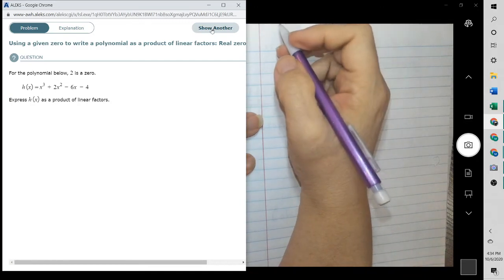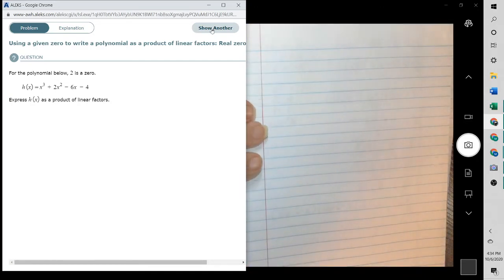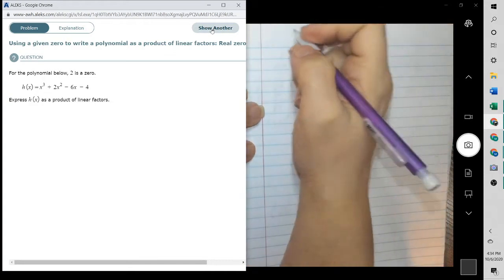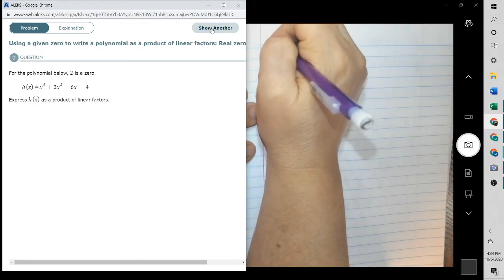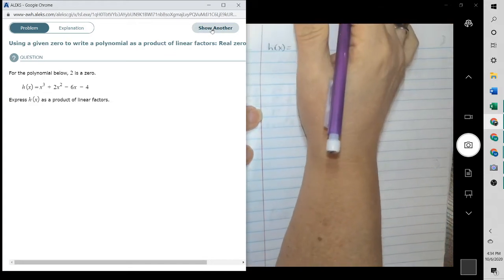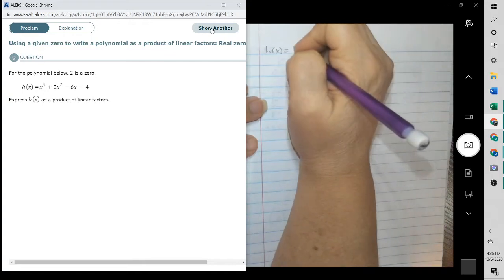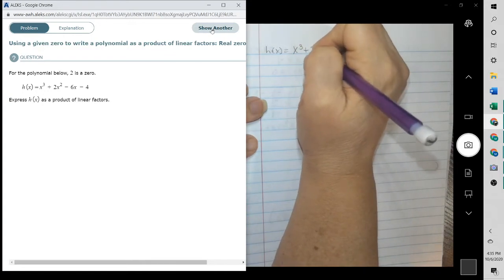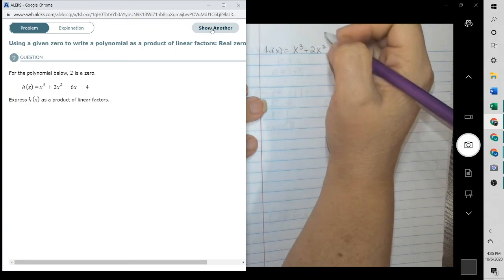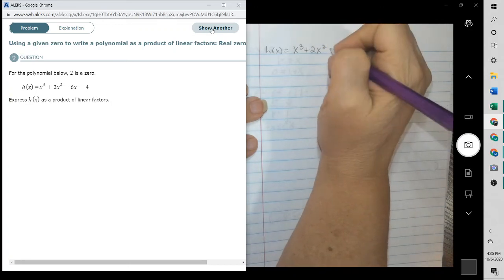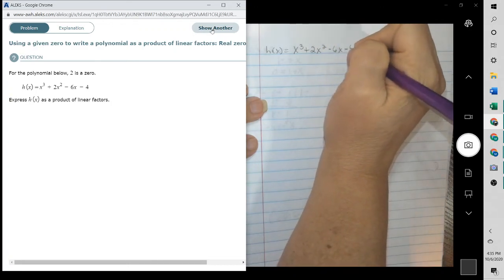h of x equals x cubed plus 2x squared minus 6x minus 4.